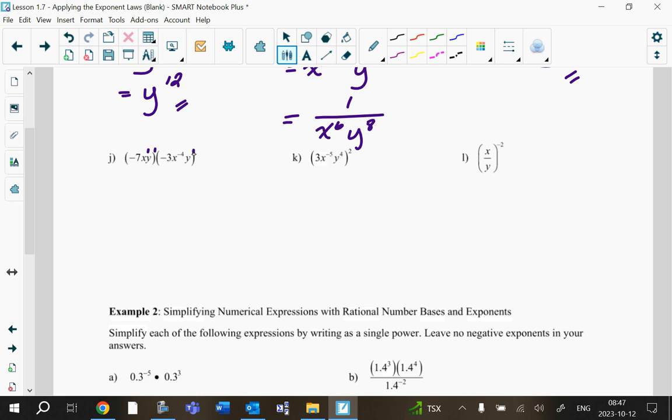What is negative 7 times negative 3? 21. What is x to the 1st times x to the negative 4th? X to the negative 3. What is y to the 1st times y to the 1st? Y squared.